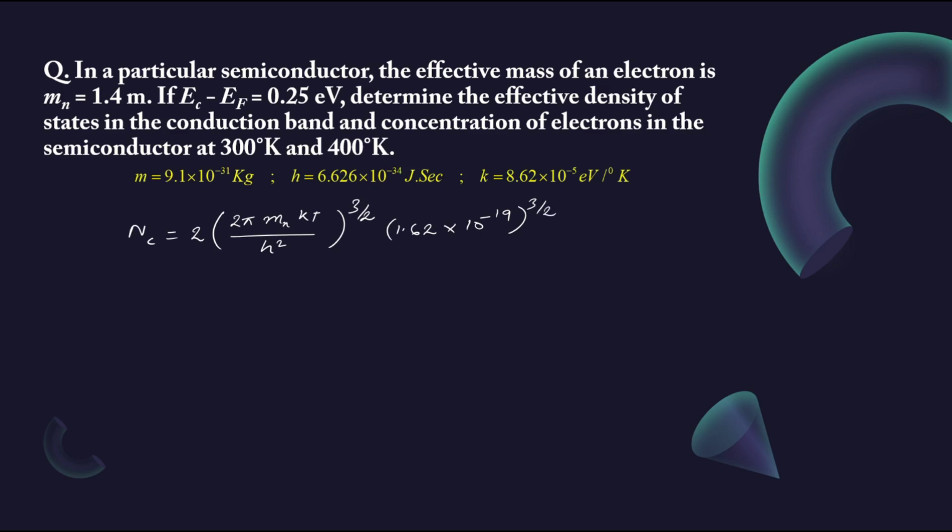Now here the values of m, h, and k are given. If you put them in this equation, the value, which I'm directly writing, is 4.15 into 10 to the power 25.